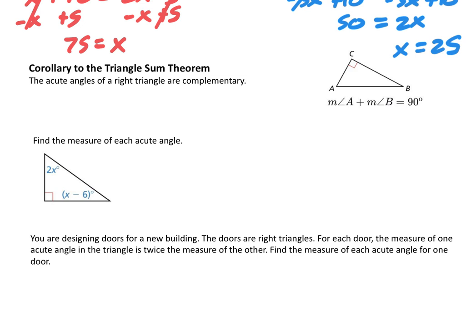When I have a right triangle, these two angles must be what? Can A or B be an obtuse angle? No. That gives me too much, right? The angles can only add up to be 180. If I've already got a 90-degree angle, there's no way that these two can be obtuse.